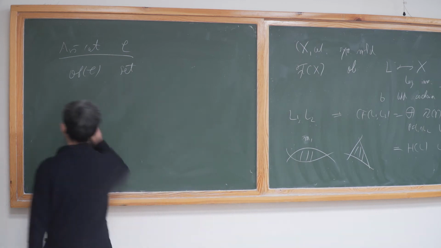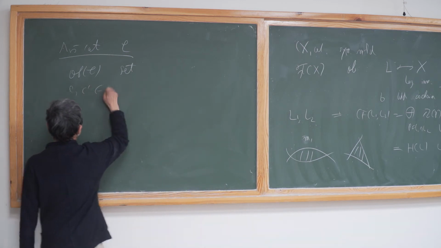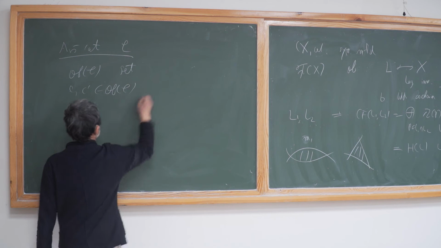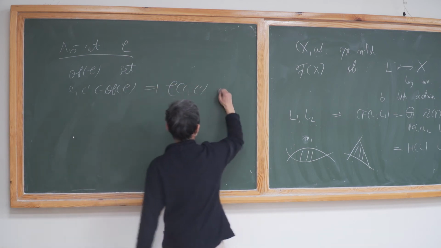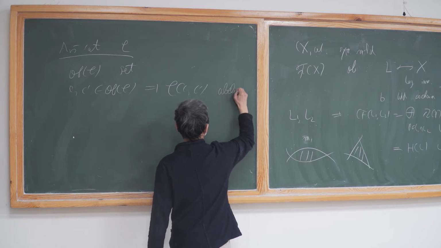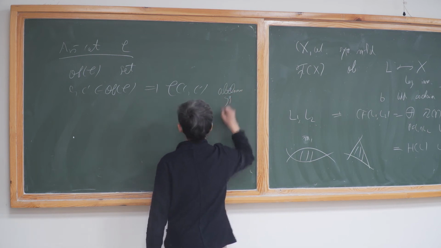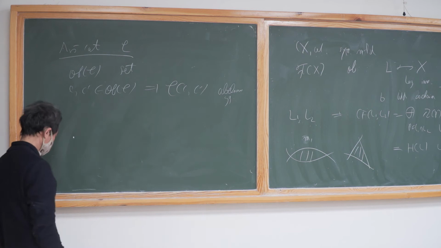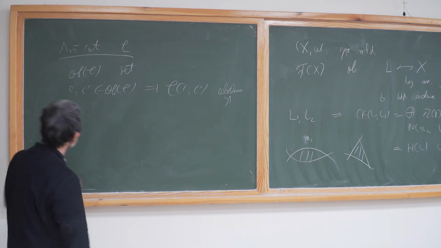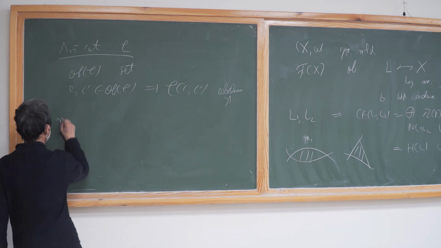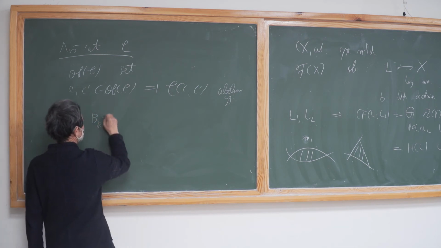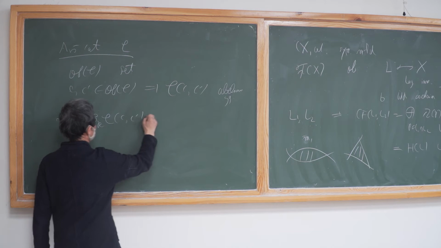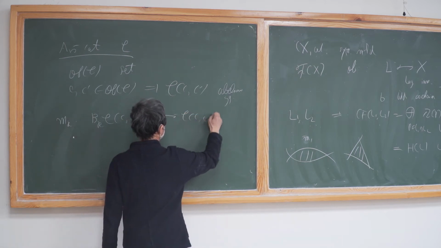And suppose we have two objects, C and C prime. Then we have a morphism space, an abelian group, maybe a free abelian group. Then we have this map Mk, which I also introduced, Mk from the tensor product to C prime.